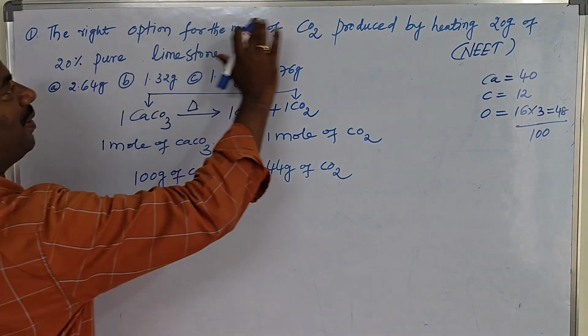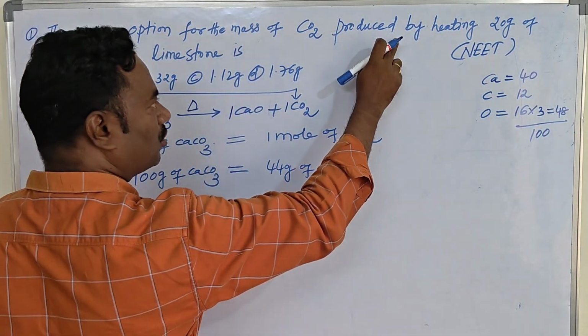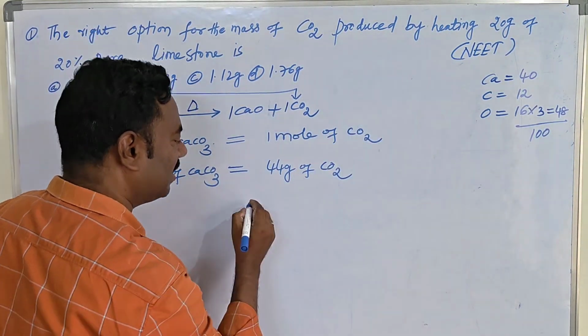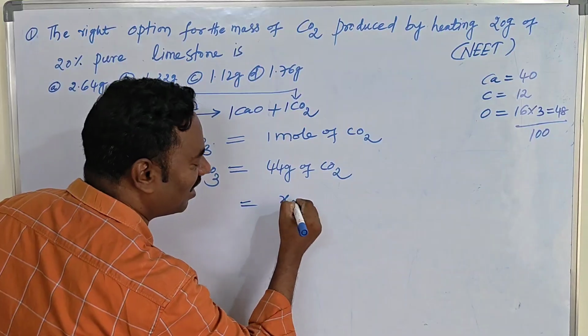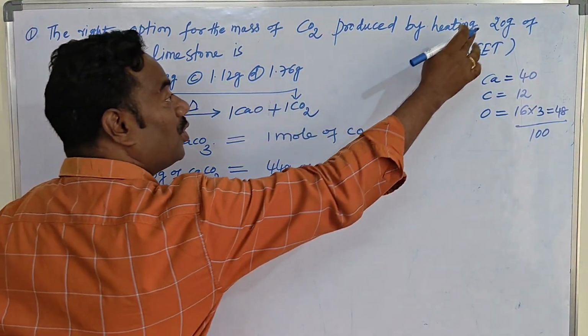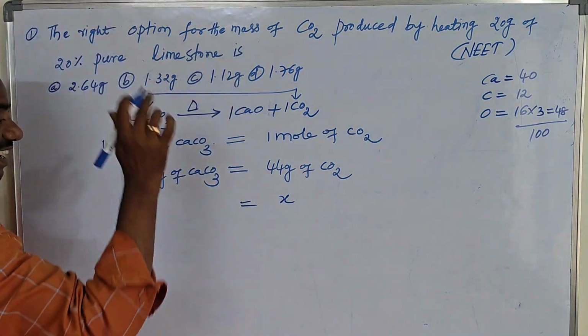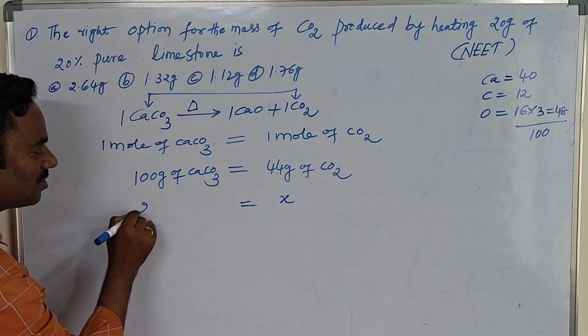Now our problem data. I need to calculate the mass of CO2 when 20 grams of 20% pure limestone is heated.